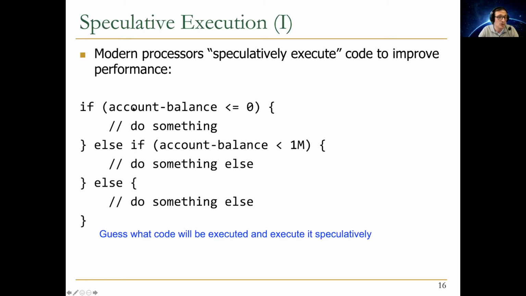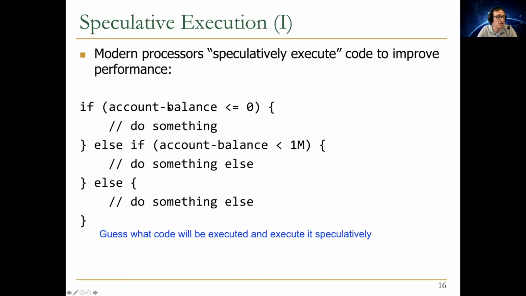It guesses that, oh, I should really go into this first part, do something over here. And that guess is basically that this branch is going to go into this part. Account balance is less than 0. And it does this prediction based on some past information that is built into its structures. And we will talk about that when we talk about branch prediction lectures. We will talk about how existing computers predict which path in the program to take based on the previous instances where this branch went or where the other branches went in the program.